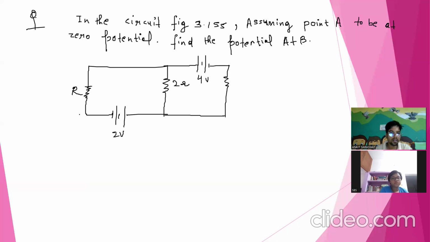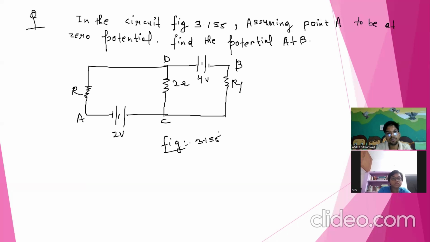A, B, C, D. And this is R1. Now what are they saying? In the circuit figure 3.155, assuming point A to be at zero potential. Clear? Find the potential at B.